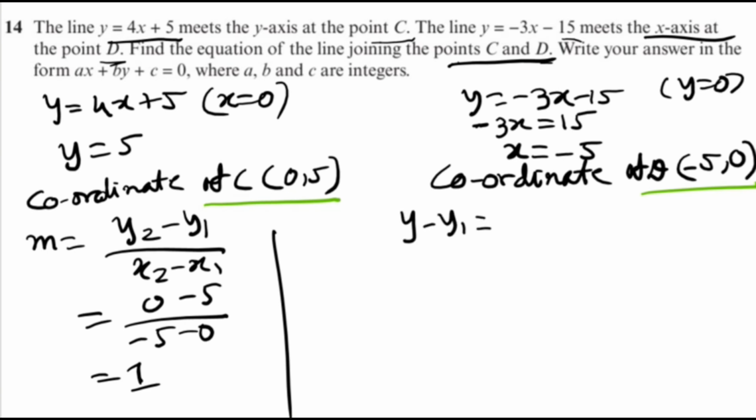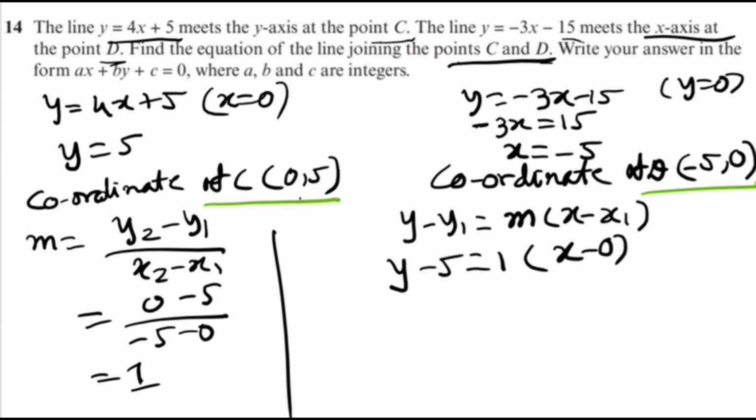Now use equation of line. y minus y1 is equal to m into (x minus x1). So I can use this C coordinate, any coordinate you can use. y minus 5 is equal to 1 into (x minus 0). So y minus 5 is equal to x. So x minus y plus 5, because we are changing the side, is equal to 0.